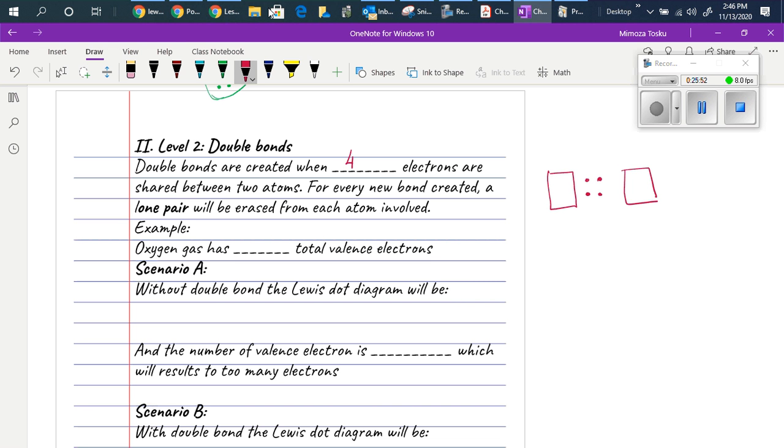So let's take the example of the oxygen gas, following the structure and the rules that we discussed in terms of single bonding. Oxygen gas has a formula of O2.